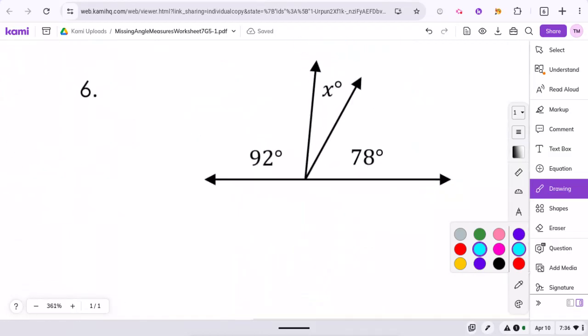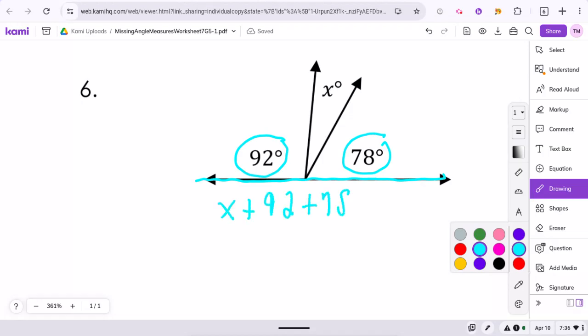Number 6. So you have 92. You have 78. This is the straight line. You know it's going to total 180. So you can do x plus 92 plus 78 equals 180.